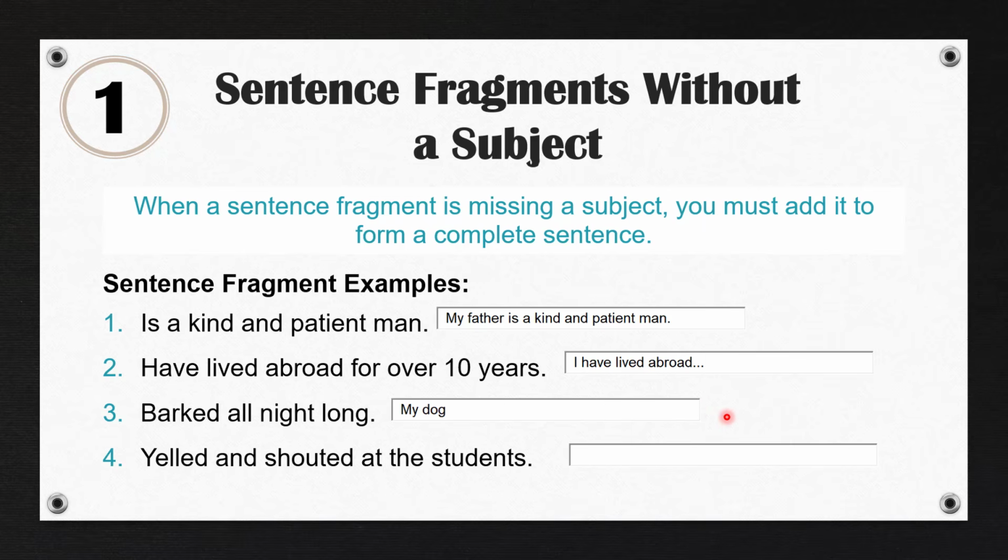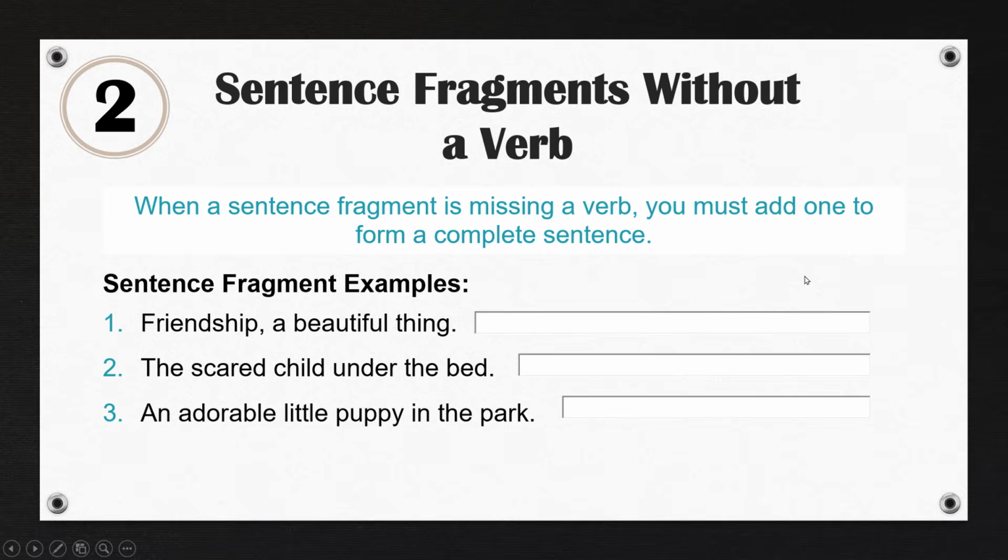My dog or the neighbor's dog barked all night long. And finally, number 4, yelled and shouted at the students. Again, we are missing the subject. Who yelled and shouted at the students? The mean teacher yelled and shouted at the students. So by adding a subject, we have fixed all of these sentence fragments.